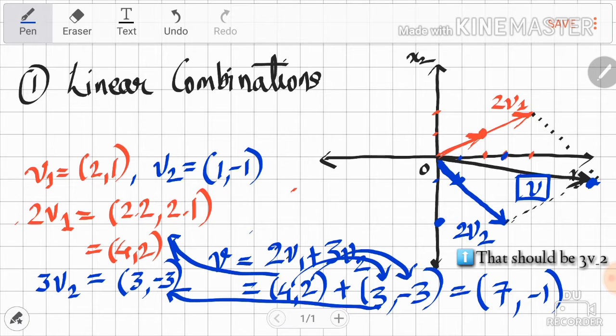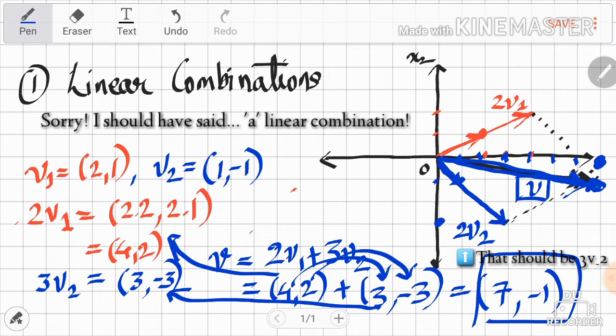Let's see whether what we have found is close to this. So this is 1 2 3 4 5 6 7. This point is 7 and this is minus 1. Yes, so we are almost there. So this new vector is the linear combination of v1 and v2.